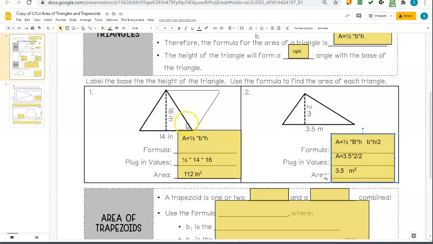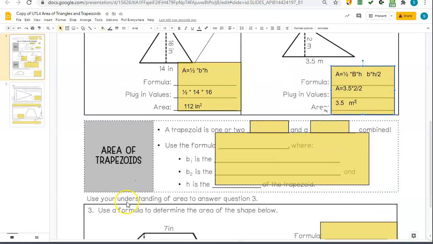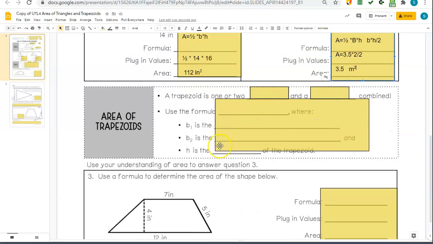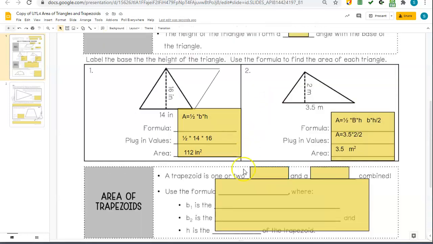Now we're going to talk about a similar one for trapezoids. You'll notice that we can take a parallelogram and cut it to make two trapezoids, as well as making two triangles. A trapezoid is one or two triangles and a rectangle combined.